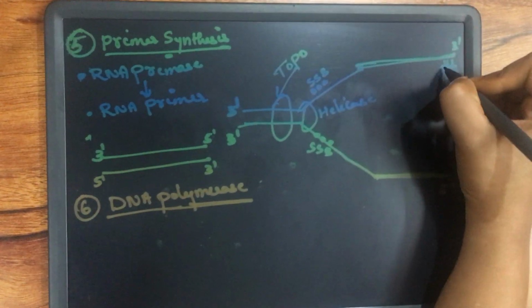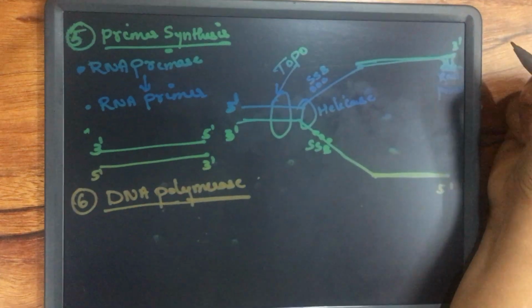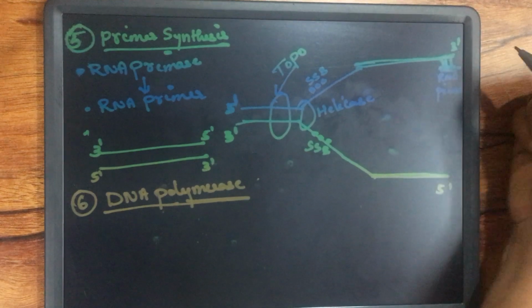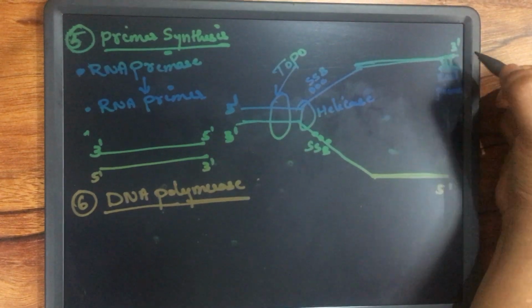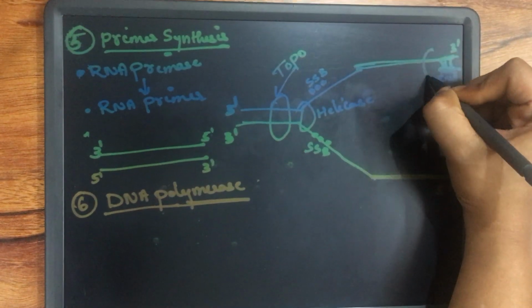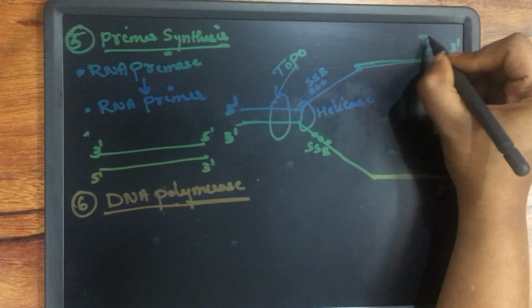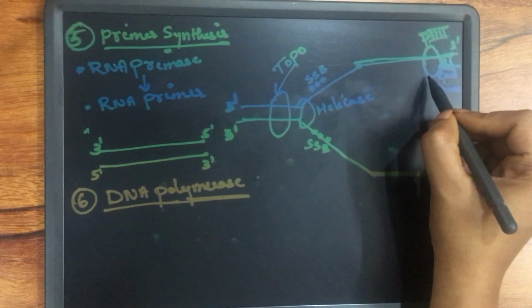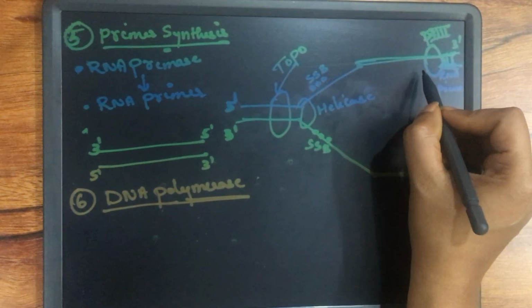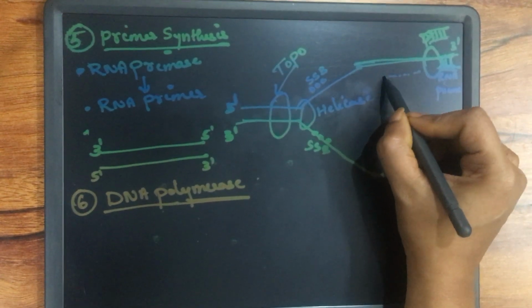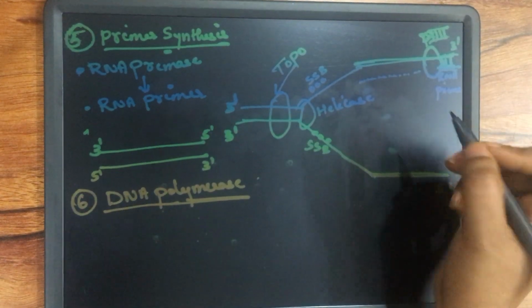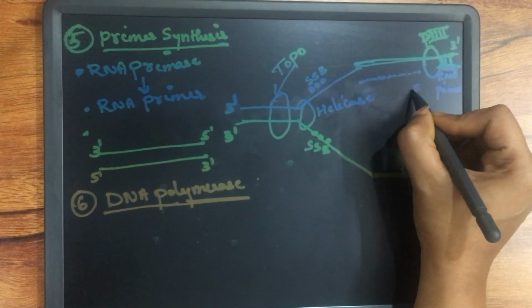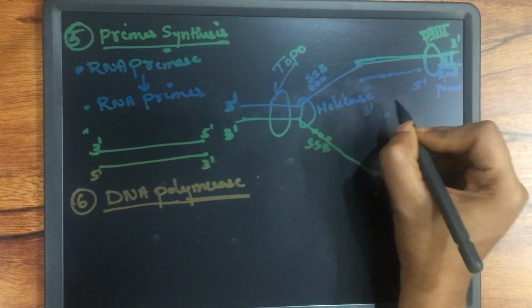Therefore, after the RNA primer is synthesized and attached to the complementary DNA strand, our DNA polymerase 3 comes and binds over here. It starts to attach nucleotides in the 5 prime to 3 prime direction.